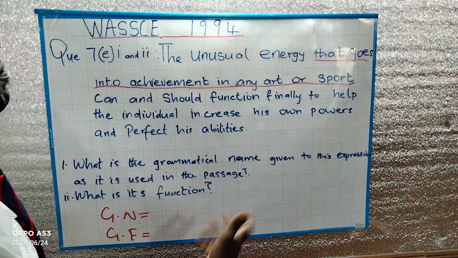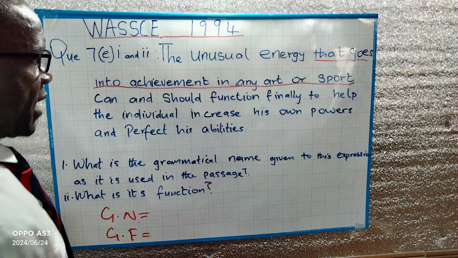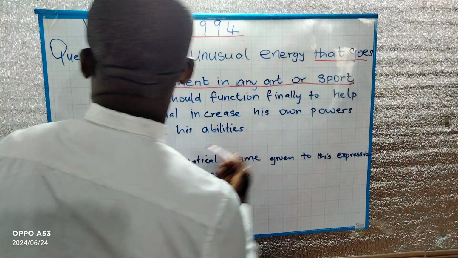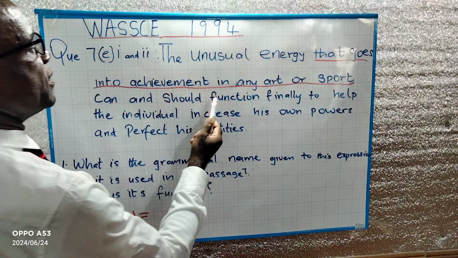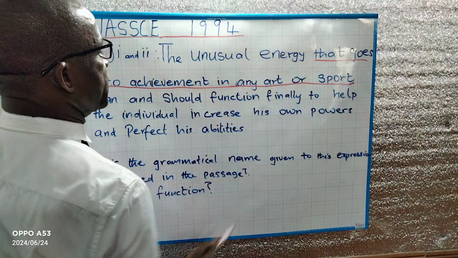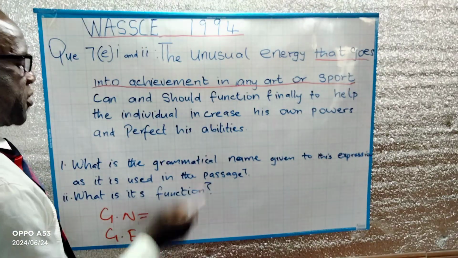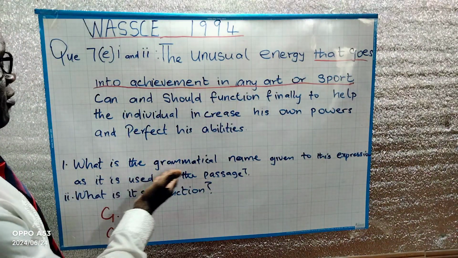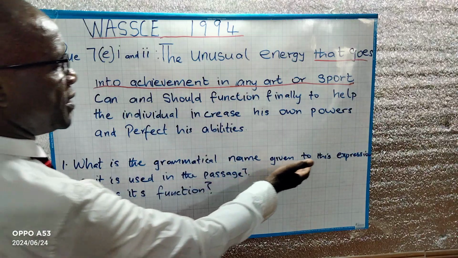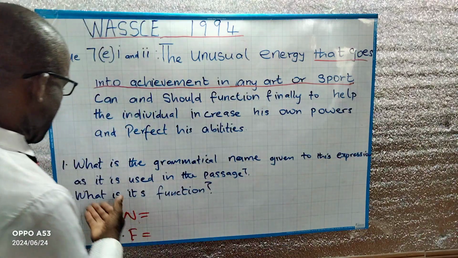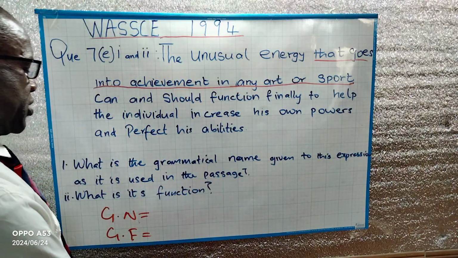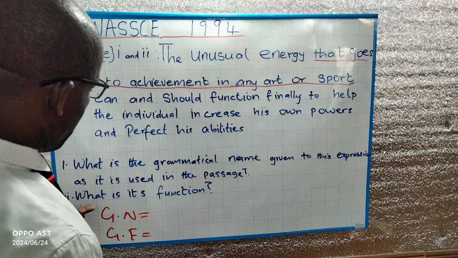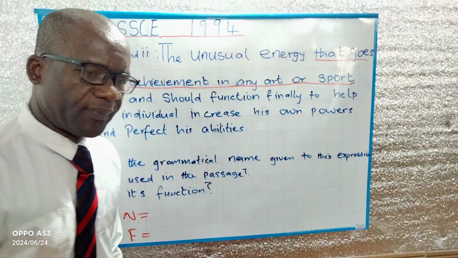A compound complex sentence. But as usual, WAEC has underlined "that goes into achievements in any art or sport". So the usual question is, what is the grammatical name given to this expression as it is used in the passage? Question 1. Number 2, what is its function?